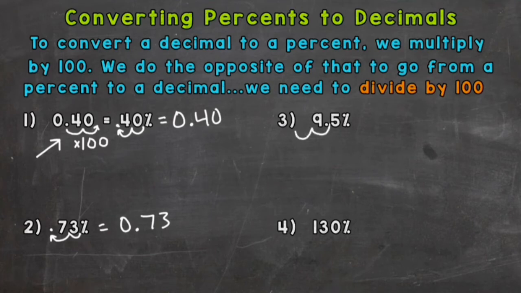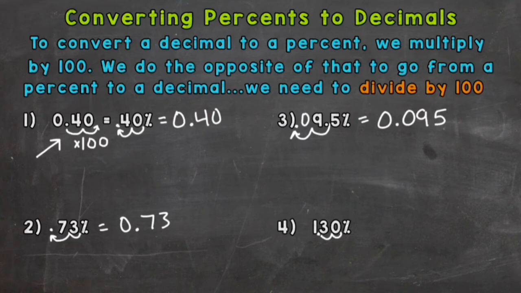We push the decimal point back by 2 places, and so we are going to get 0.095. Our number was 9.5%, so we get 0.095.